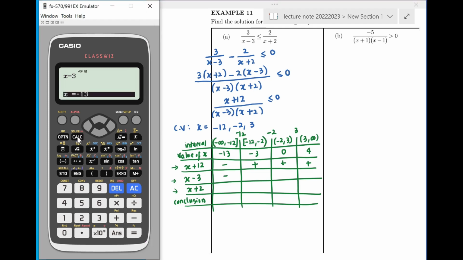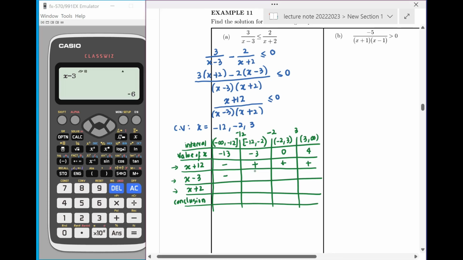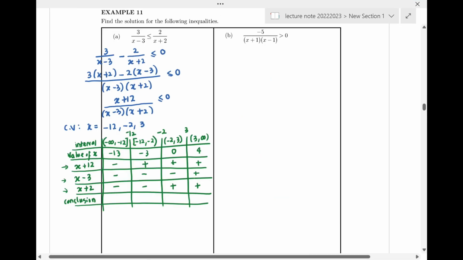Next, calculate negative 3. Negative 3. Calculate. So negative there. Okay. So you will continue to do this up till here. Okay, so this is exactly what I got from my calculator earlier.